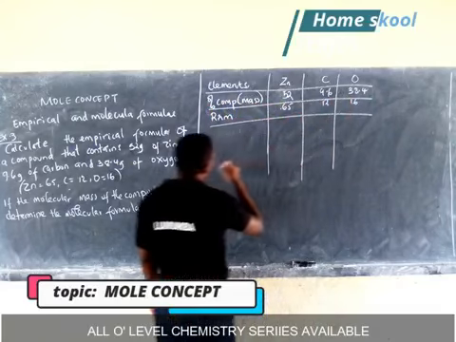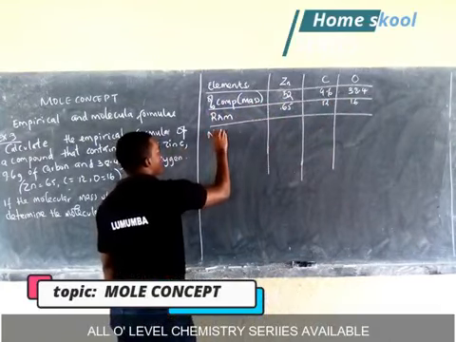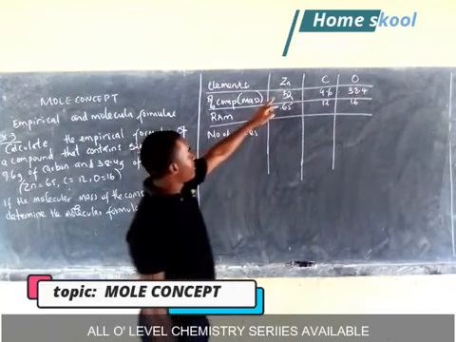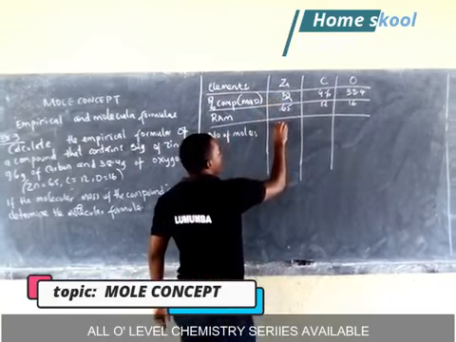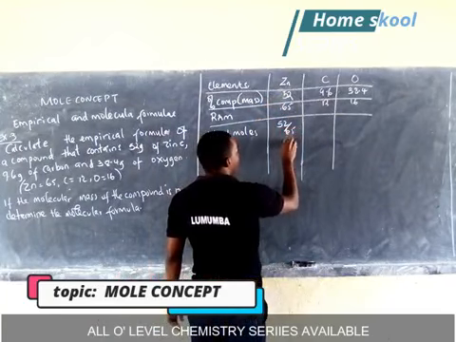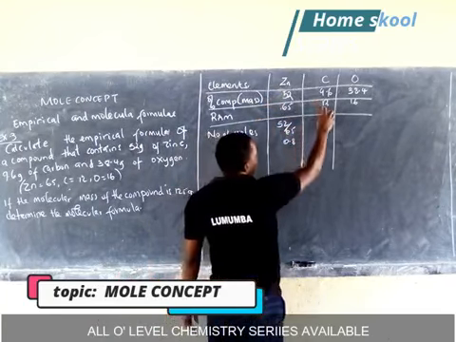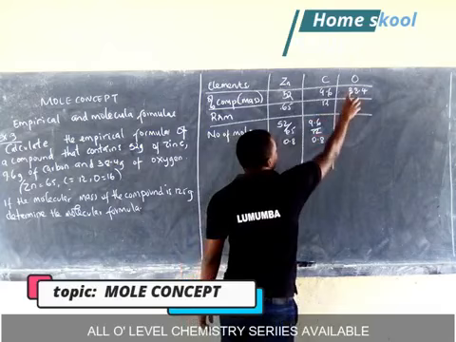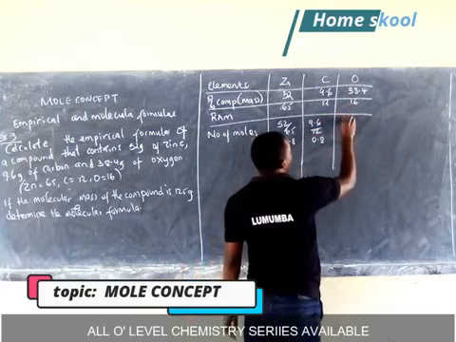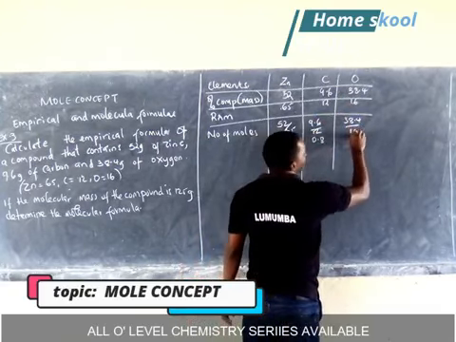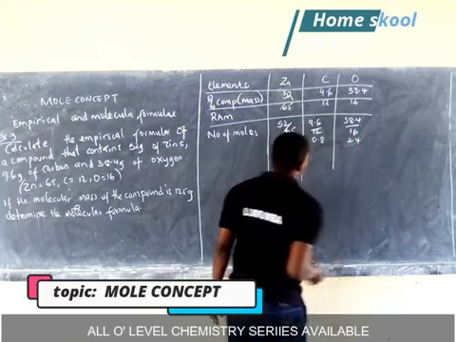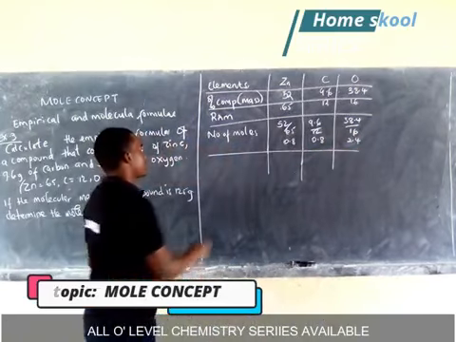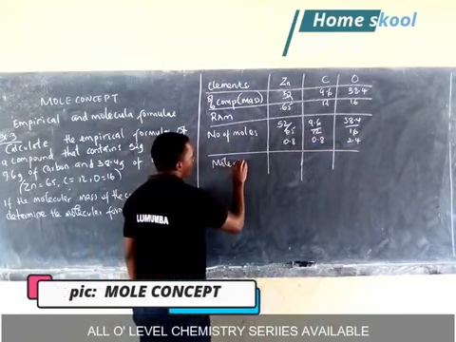Then, from there, I write the number of moles. Divide 52 by 65. This is 52 over 65. I get 0.8. 9.6 divided by 12, I'll get 0.8. 38.4 divided by 16, I get 2.4. From there, I divide by the smallest value, which gives us the mole ratio.